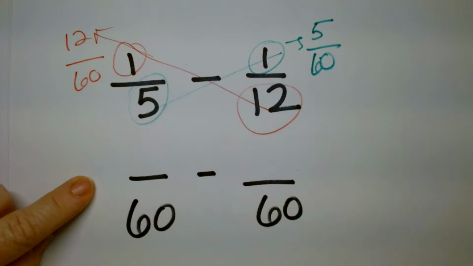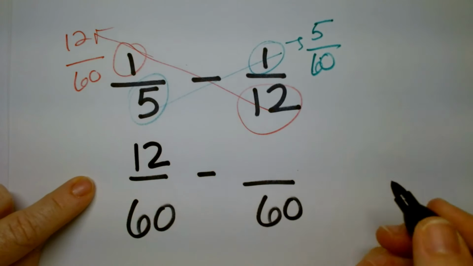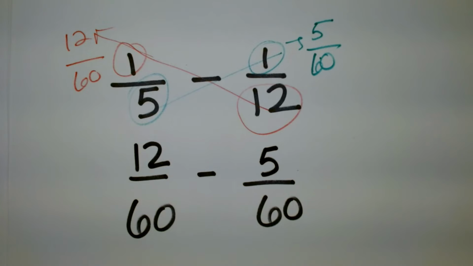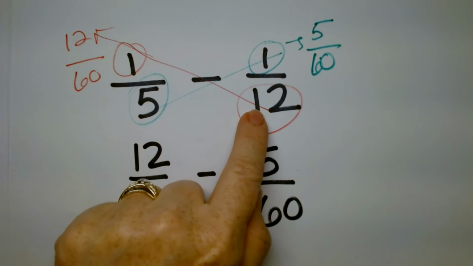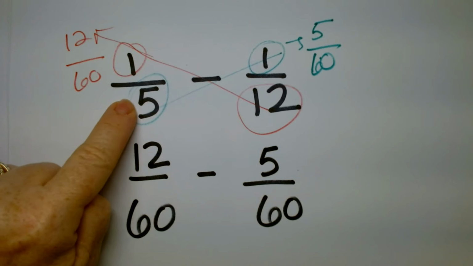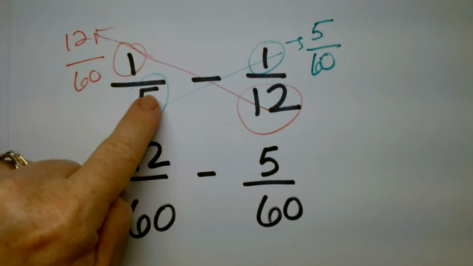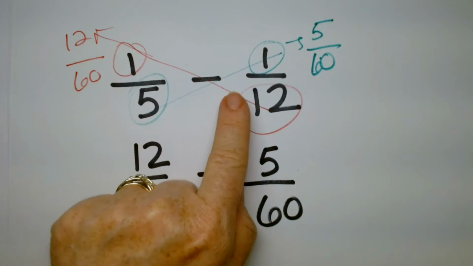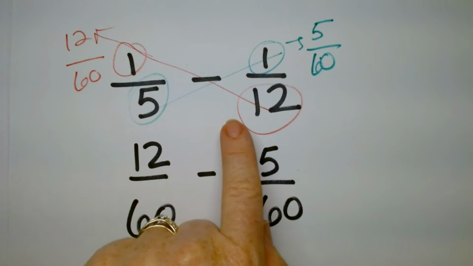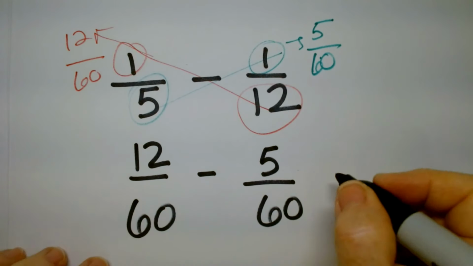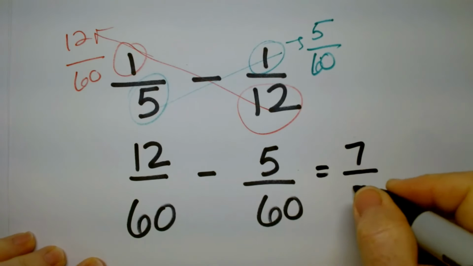So this is 12 over 60 minus 5 over 60. So it's the same thing we were just doing, but we're just saying, well, 12, I'm going to multiply it top and bottom. So I have 12 over 60. And the 5, I'm going to multiply it top and bottom. So 1 times 5 is 5. And 5 times 12 is 60. And then 12 minus 5 is 7 over 60.